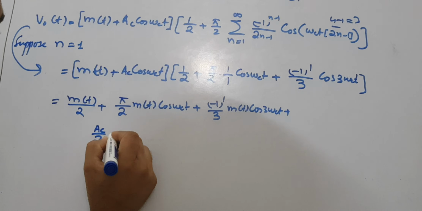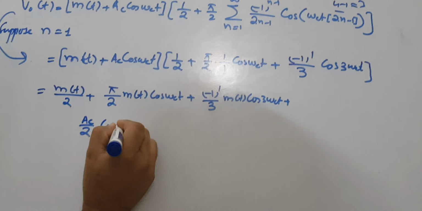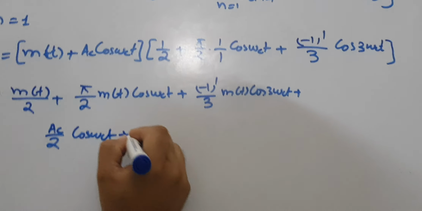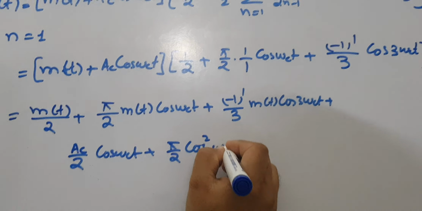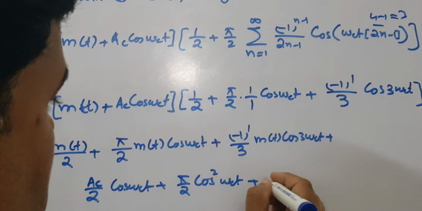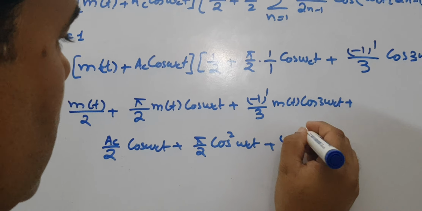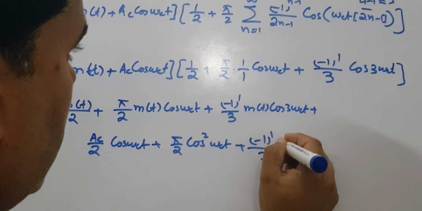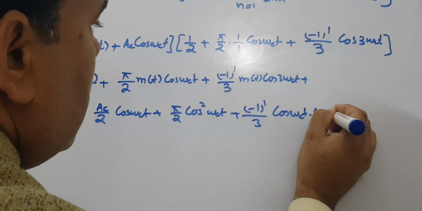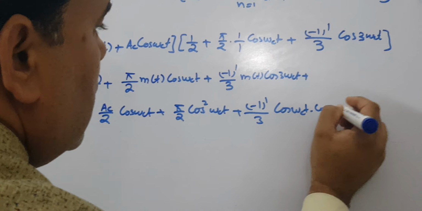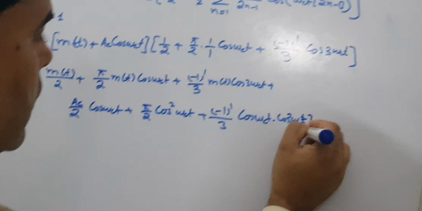A_c/2 cos ω_c t plus π/2 cos² ω_c t and then plus (-1/3) cos ω_c t cos 3ω_c t.